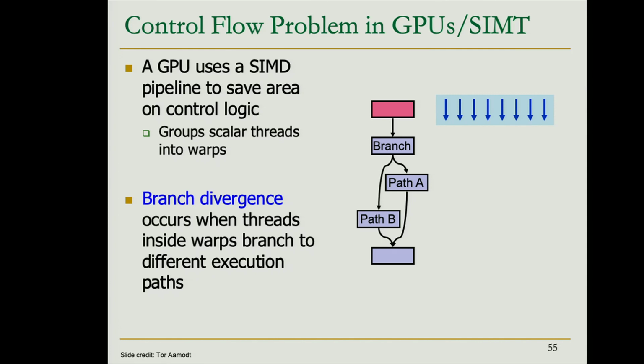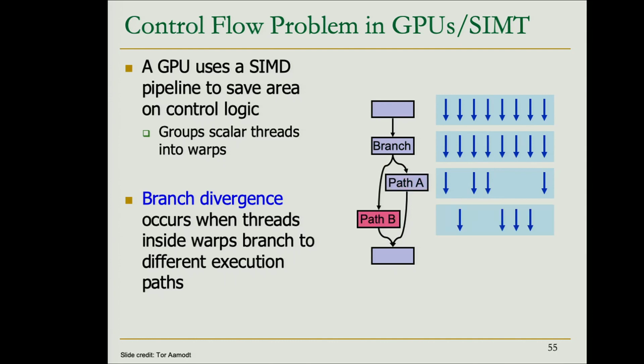So they execute in lockstep. Ideally, they are going to execute the entire instruction together over the whole pipeline, and that can be very efficient, as you can see with the first instruction in this picture. But if we have a branch, then part of them will go through one path and the other part through the other path. And essentially we need twice the number of cycles to do the computation here.